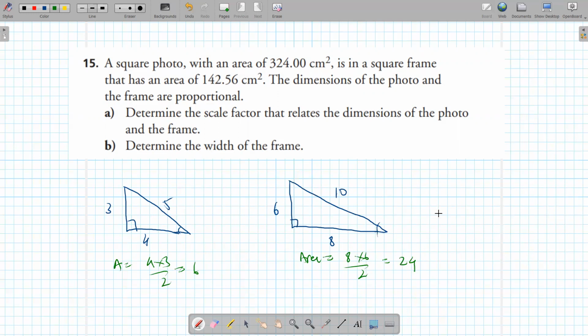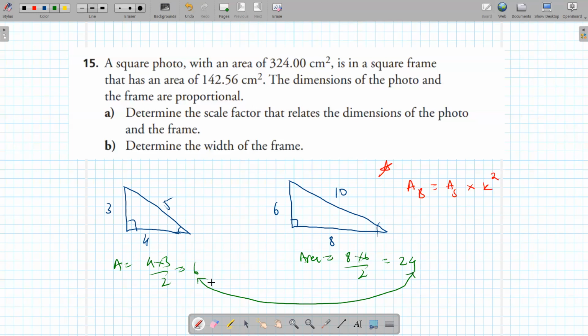This is a very important thing that they don't usually tell you. When it comes to scale factors using areas, the big area is the small area times k, not only k squared. Because we know the scale factor is 2, but if you compare these two, it's 4 times as big.